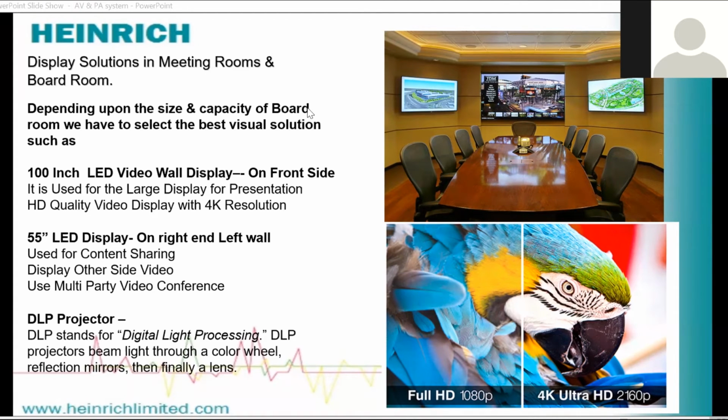So when you are considering the video system, try to place a big display on the front side, and on the left and right walls, displays like 55-inch or 65-inch.